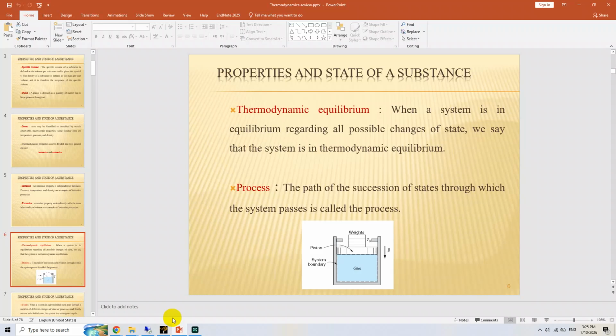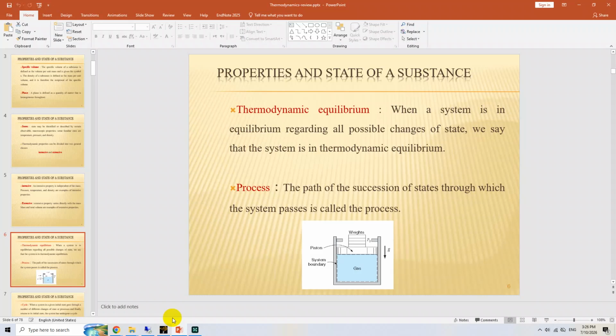When a system is in equilibrium for all the states, it means thermodynamic equilibrium: pressure, temperature, chemical formula, and phases are all the same in the control volume or control mass.